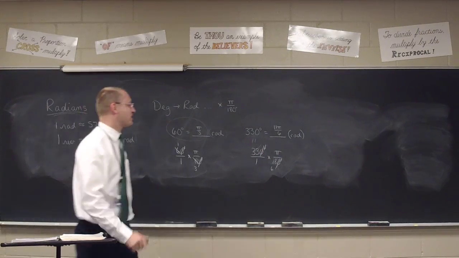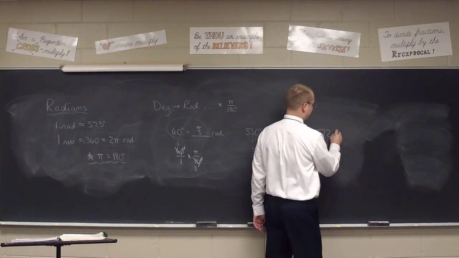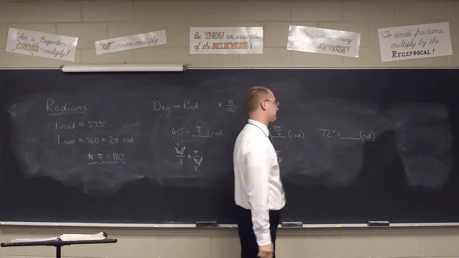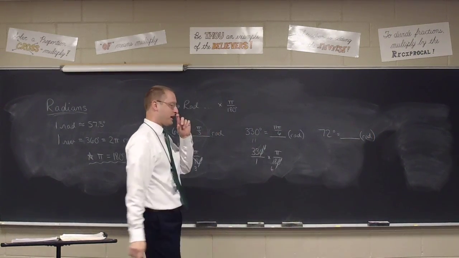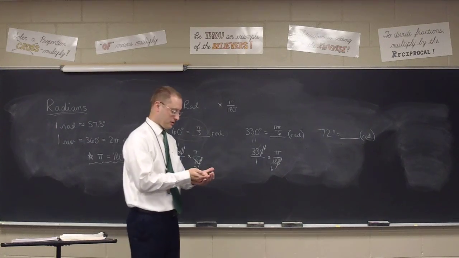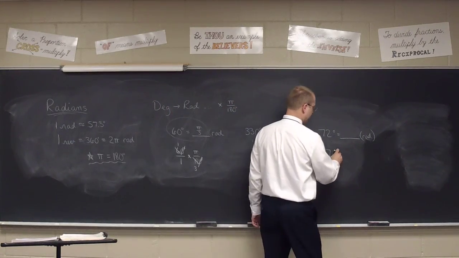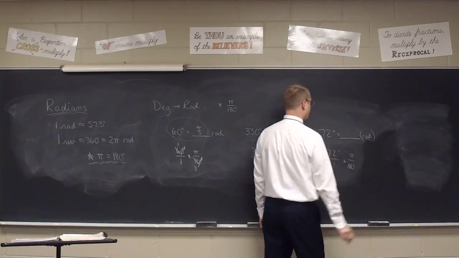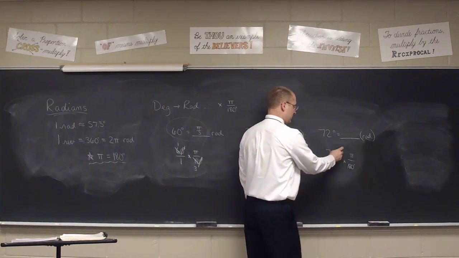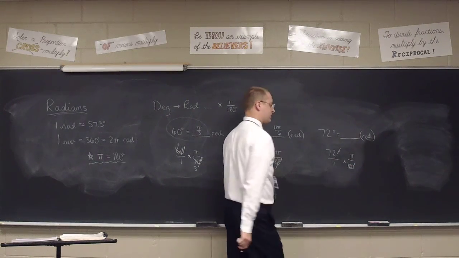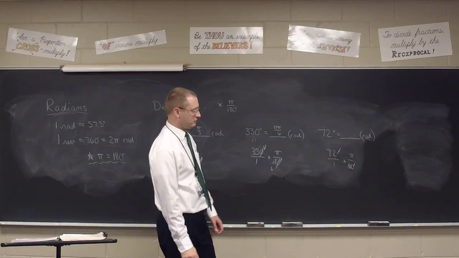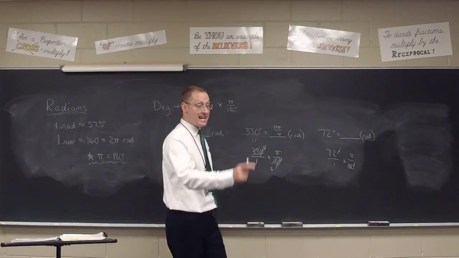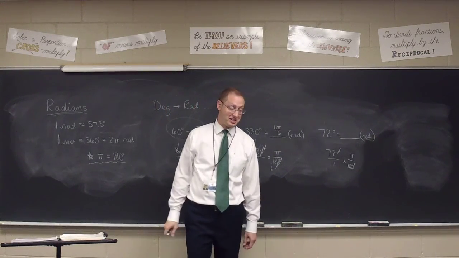How about 72 degrees? Go 72 degrees and convert that into radians. How do I go from degrees to radians, class? Pi over 180. Cancel away the degrees. Ooh, I can't cancel off zeros this time. What can I cancel? I can actually cancel an 18 if you happen to know your 18 times tables.